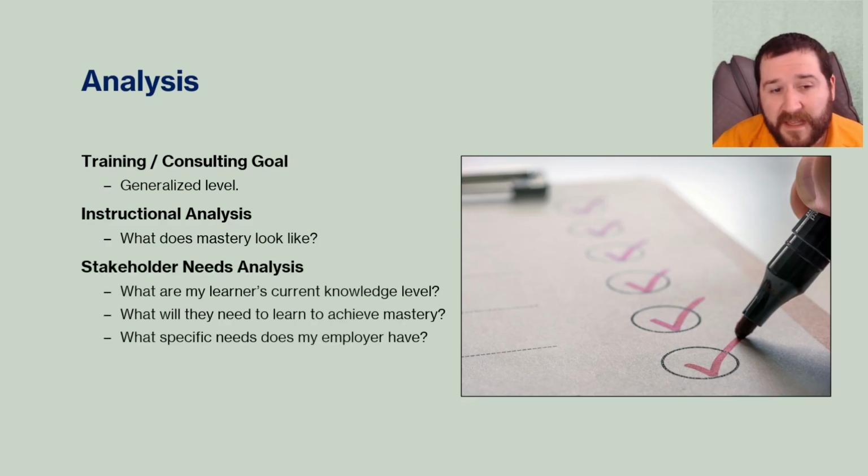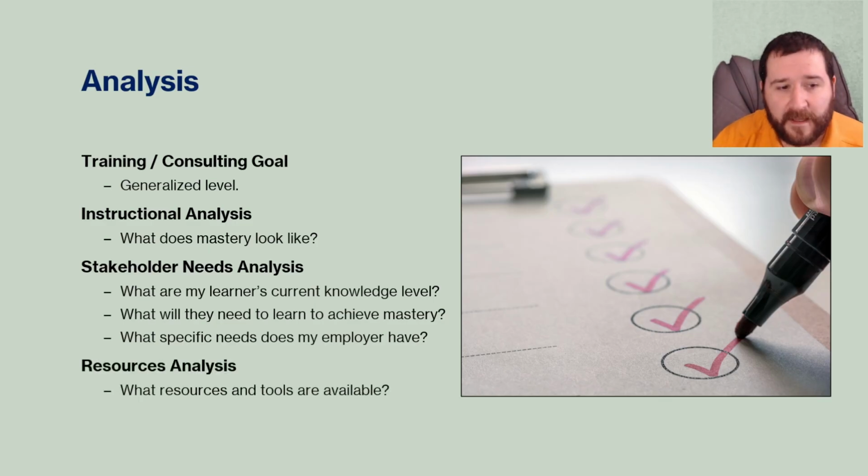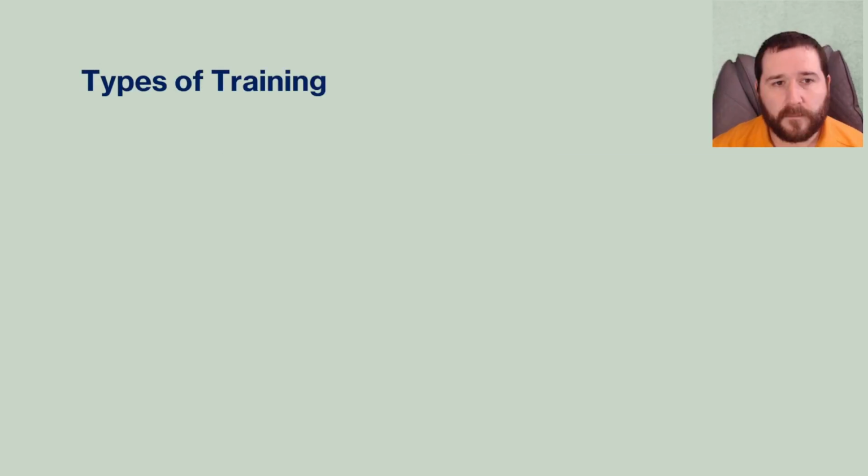We consider the needs of our stakeholders, our learners' current knowledge levels, maybe specific needs of the employers. And finally, we consider our resources. What resources and tools are available and what fit the job best? So this is what we're really focusing on in this analysis stage of our ITLD process.